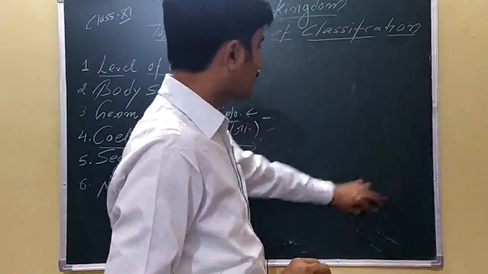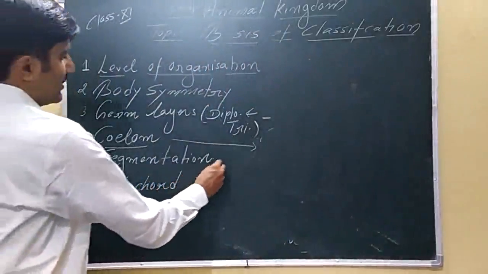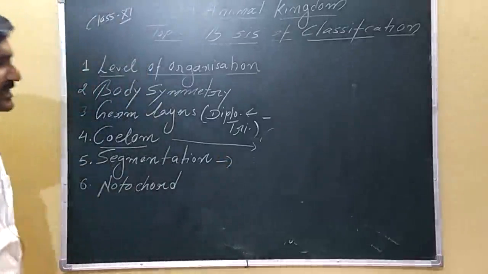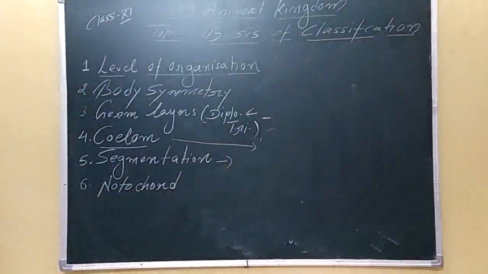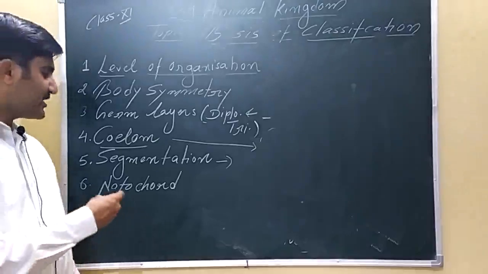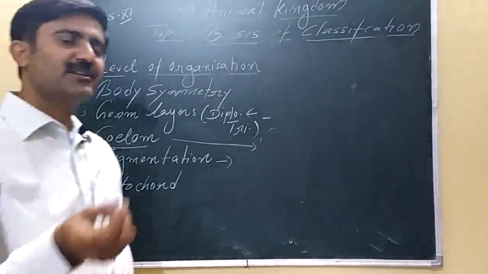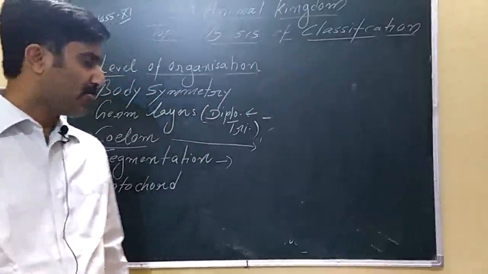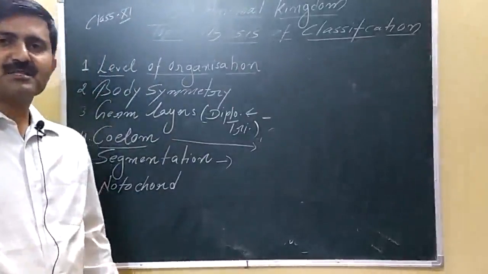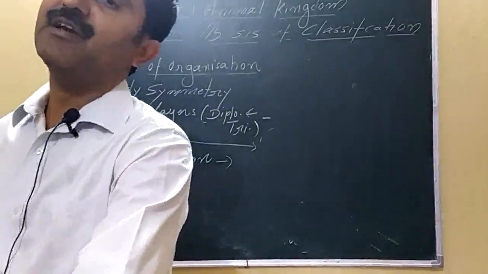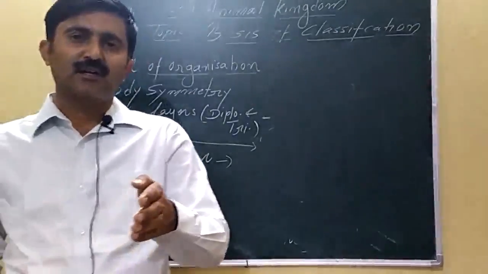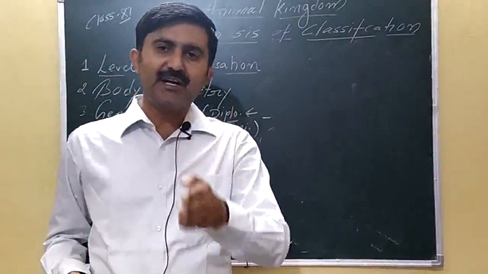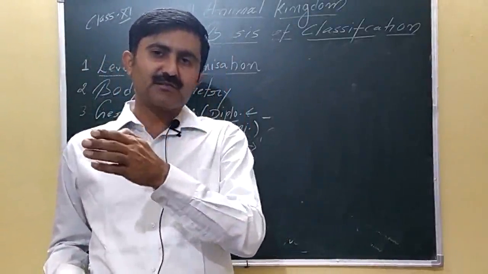The next basis used for classification of animals is segmentation. What do we use segmentation for? The term segment itself is self-explanatory, a division in the body. So organisms may have internal division. When an organism is truly divided, there is compartmentation inside.